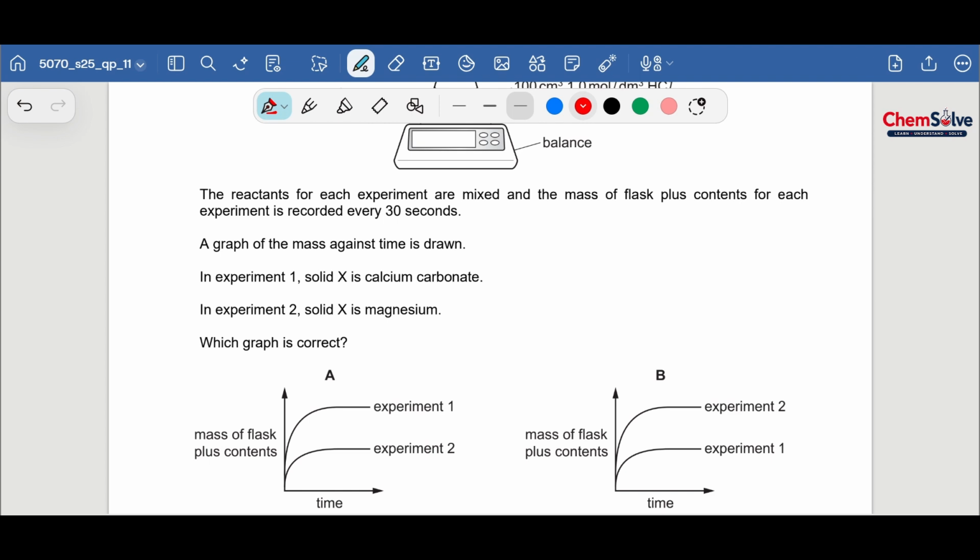In the first experiment, calcium carbonate reacting with HCl produces CaCl2 plus water and carbon dioxide. This reaction would be a bit slower.